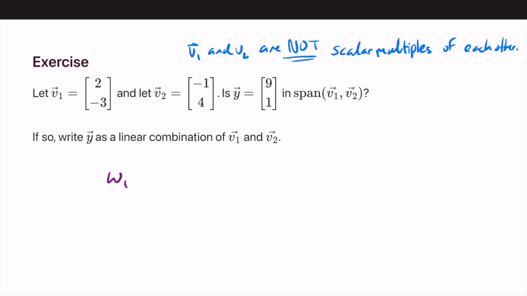We have v1 and v2 with weights, and that equals 9, 1.